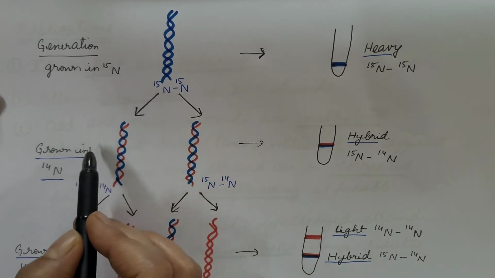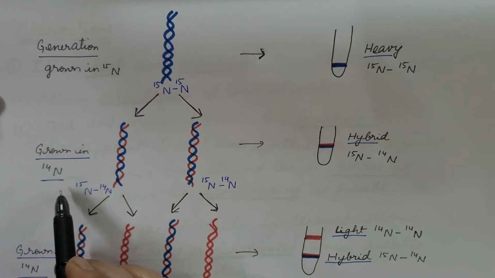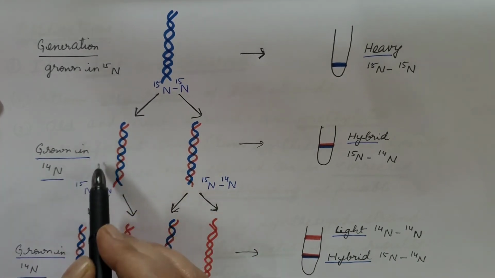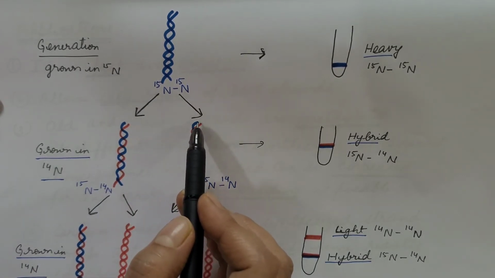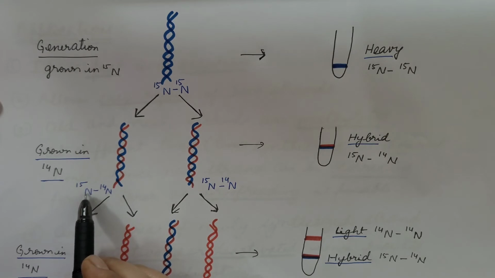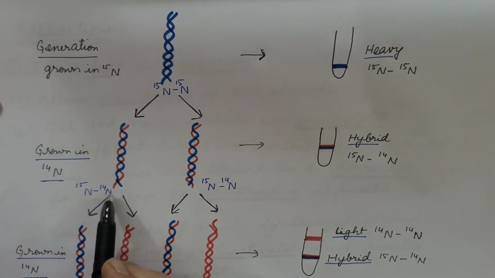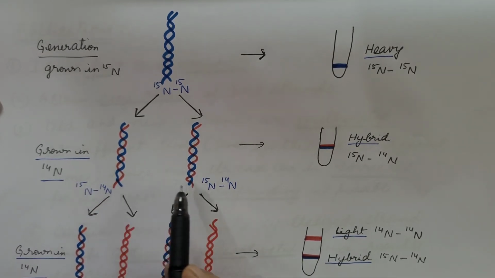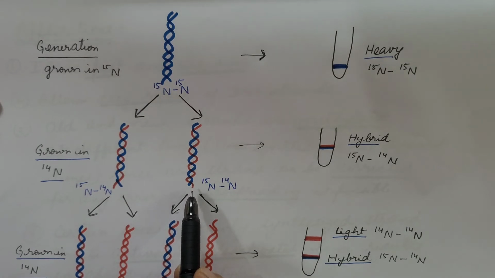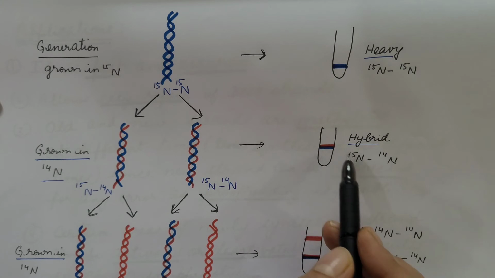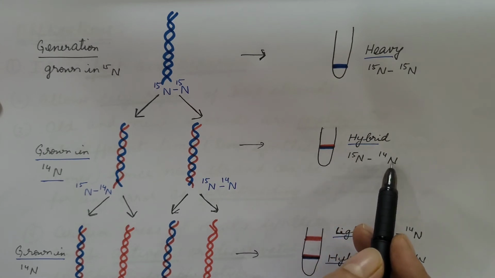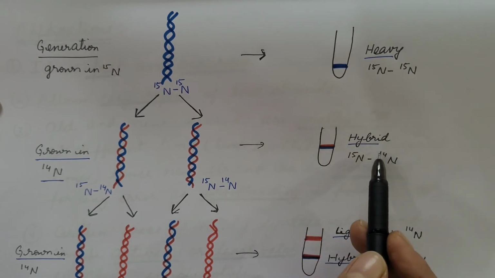Then bacteria was grown in medium containing 14N. So the two DNA molecules that were synthesized, one strand was 15N and one was 14N in both the DNA molecules. And by the centrifugation, a hybrid band containing 15N and 14N both was obtained.